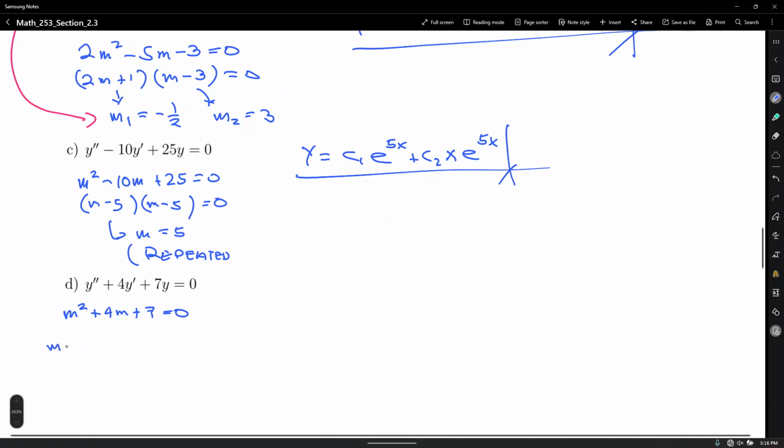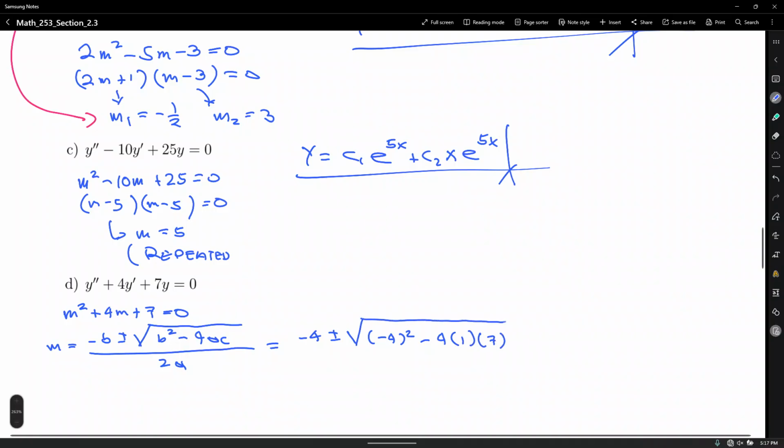Quadratic formula. m equals minus b plus or minus the square root of b squared minus 4ac, everything divided by 2a. So this is negative 4 plus or minus the square root of negative 4 quantity squared, minus 4 times a, which is 1, times c, which is 7, everything divided by 2 times a, which is 2 times 1.